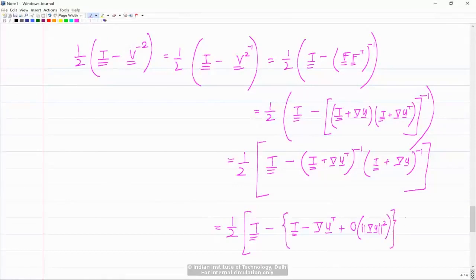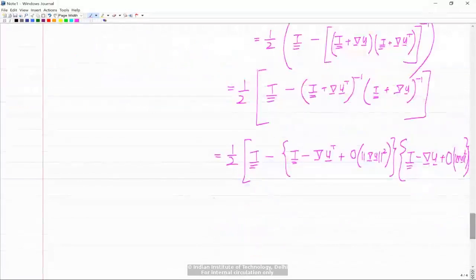So you have this thing multiplied by identity, again a minus sign of grad u, and then again you have this big O of grad u squared. So you see we are doing a consistent Taylor expansion, and we'll finally just drop the grad u squared term to see its approximation if we keep only the leading order term in u.